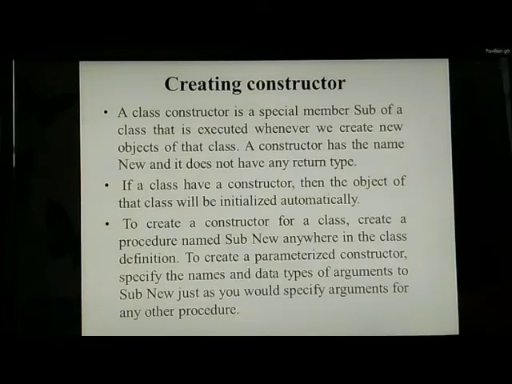So a constructor is a special member function whose task is to initialize the object of its class. This is the first method that is run when an instance of a type is created. A constructor is invoked whenever an object is created. If a class contains a constructor, then an object created by that class will be initialized automatically.